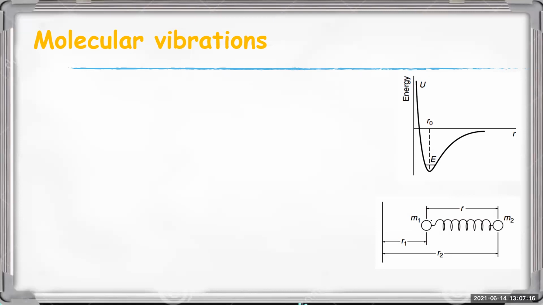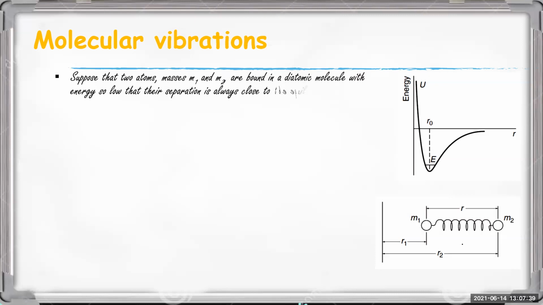The distance between them is r, and the position coordinate for m1 is r1 and for m2 is r2.